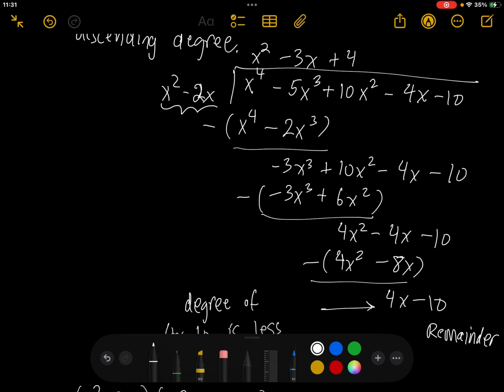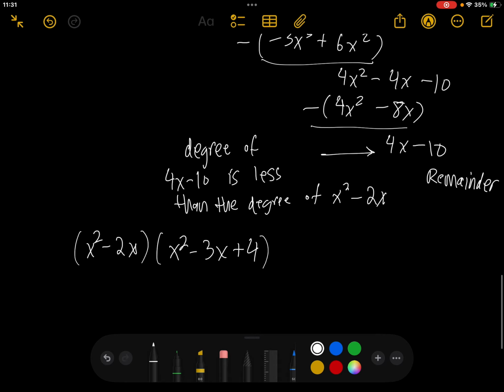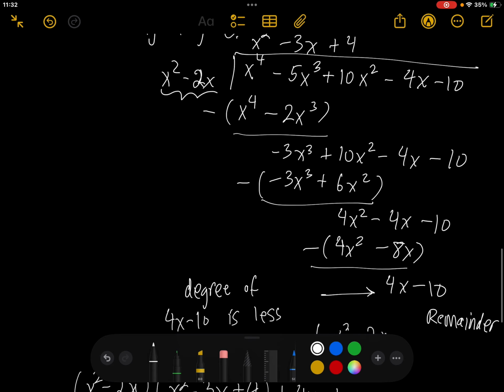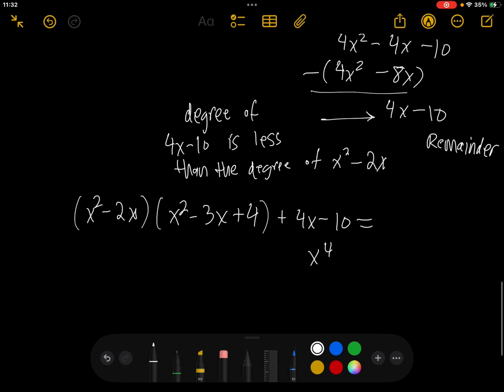I almost get that, but I have to add 4x minus 10 to get the original polynomial, x to the fourth power minus 5x cubed plus 10x squared minus 4x minus 10. Right? Because if you subtract this product from the dividend, you get 4x minus 10 as a remainder. So when you take this product and add 4x minus 10, you have to get the original polynomial.